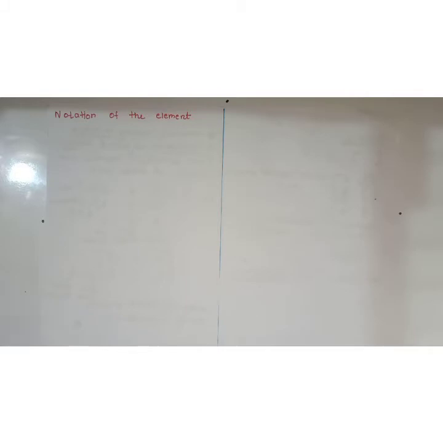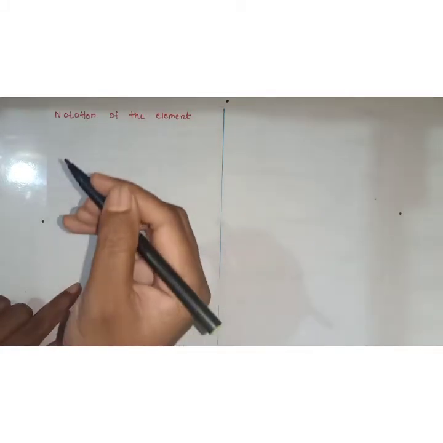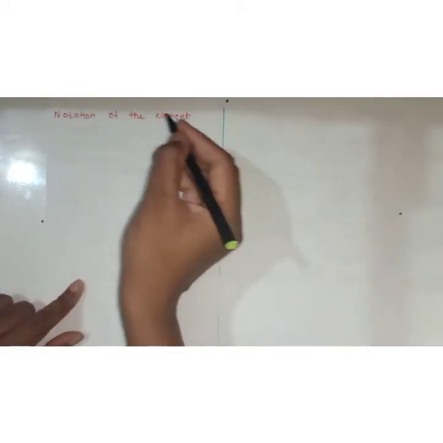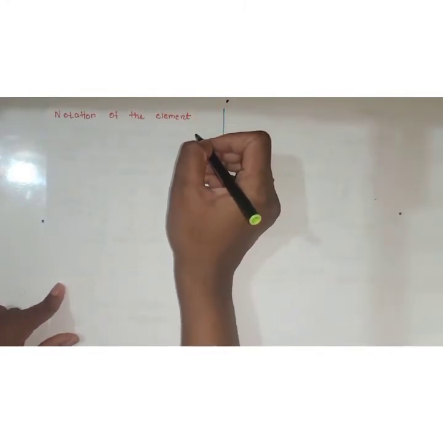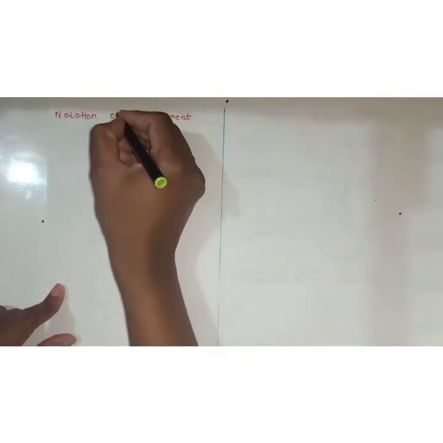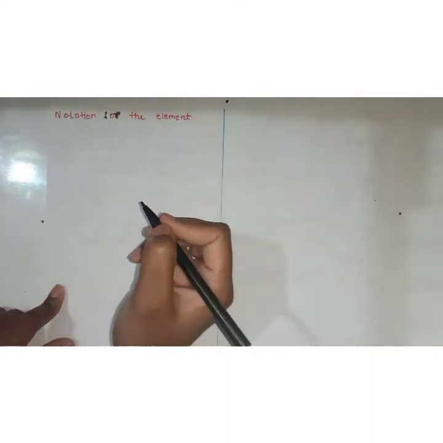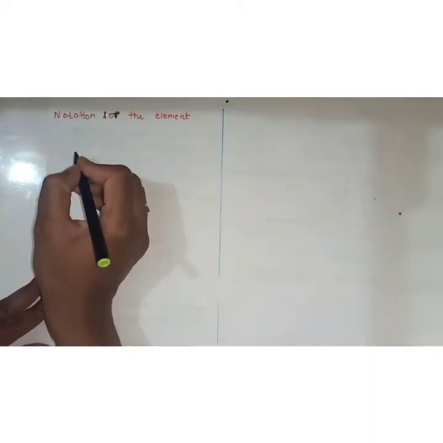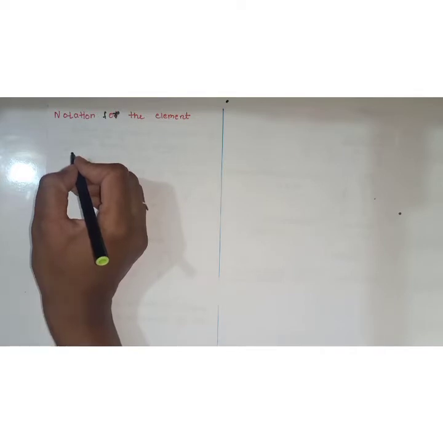Now next we'll see notation for the elements of a matrix. Here, children, we are going to see what notation we use for each element.